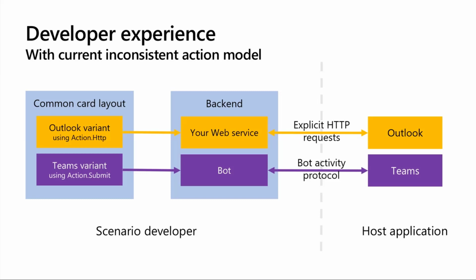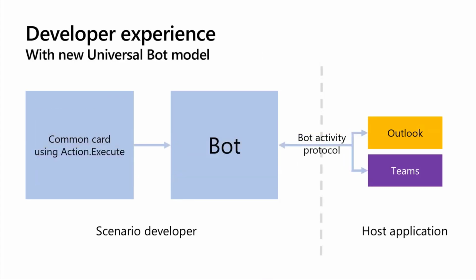Because of this different model, you were having to define and handle two endpoints separately for Teams and Outlook. Now with the common Action.Execute model coming in, you have the bot as the common backend that's going to do the legwork for you. With that, you could send your cards to both Outlook and Teams, and the bot would be able to maintain both of them in sync.